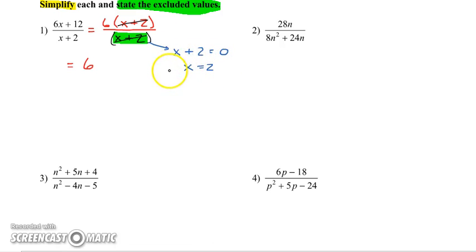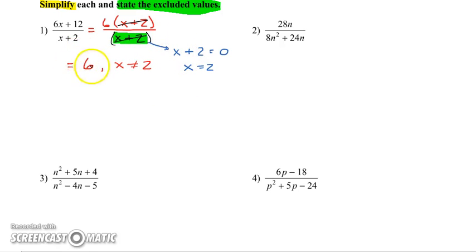And remember that that was telling me a value that I don't want. I have to avoid the situation where the value for x makes the denominator 0. So what I'm going to say is that x cannot equal negative 2. If it were to equal negative 2, we would get 0 in the denominator, and that's bad.